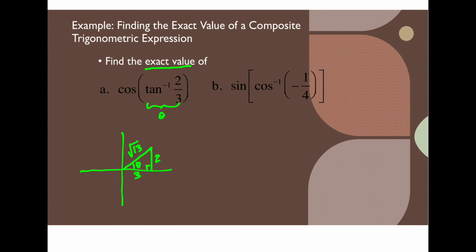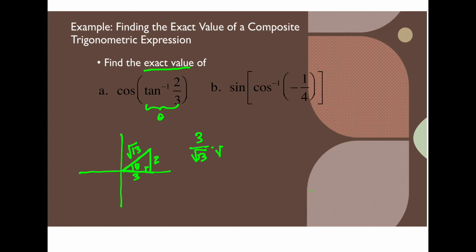So the cosine of that theta is going to be 3 over the root of 13, adjacent to the angle and the hypotenuse, root 13, which we would need to rationalize, get rid of that square root in the denominator. That leaves me with 3 square roots of 13 over 13. And it's positive, which we expected because tangent and cosine share that angle as far as where the positive outcomes go.